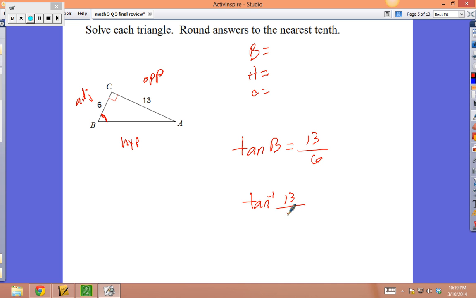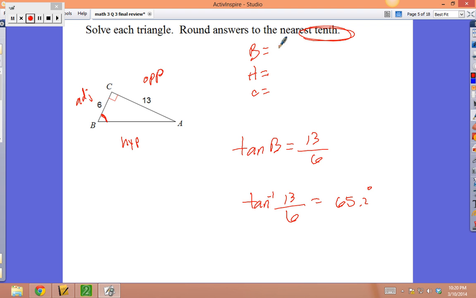So I'm going to do the inverse tangent of 13 over 6 and make sure your calculator is in degrees. And that should give you 65, let's round to the nearest tenth, 65.2 degrees.